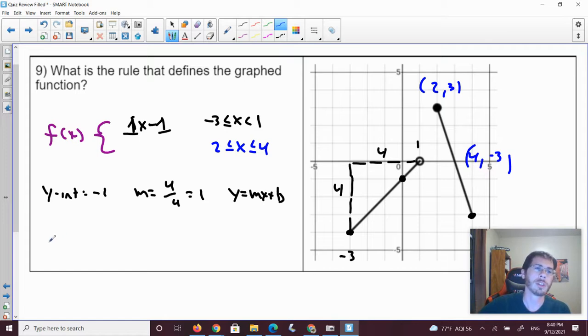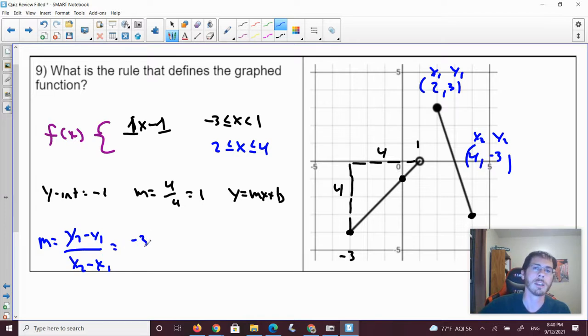So if I do the average rate of change or the slope formula, x1, y1, x2, y2. I guess I'll do slope because we're just finding a slope. Actually write the whole formula down: y2 minus y1 over x2 minus x1.